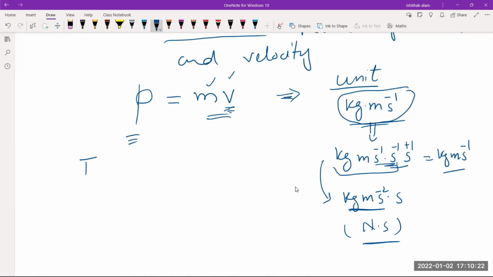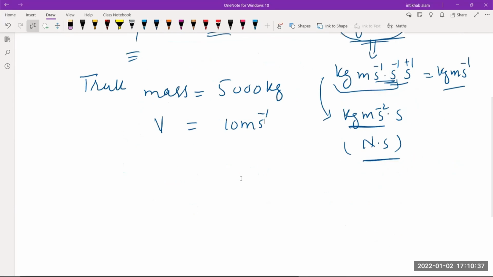Like there is a truck whose mass is given to you, the mass is 5,000 kilograms, and its speed is given, it's moving with a velocity of for example 10 meters per second, and you are asked to find the momentum of the truck. So you would simply find it's the product of mass and velocity.